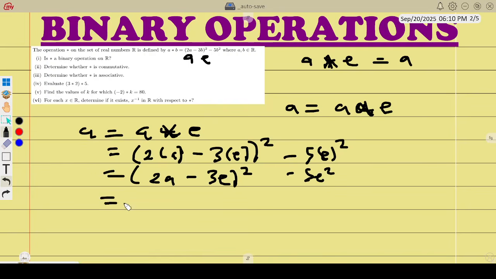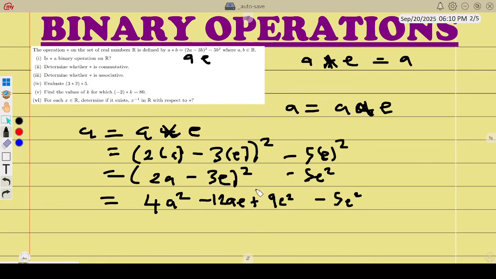And then here we open the brackets. So when you expand properly, you are going to get 4A squared minus 12AE plus 9E squared. And then here we have 5E squared.